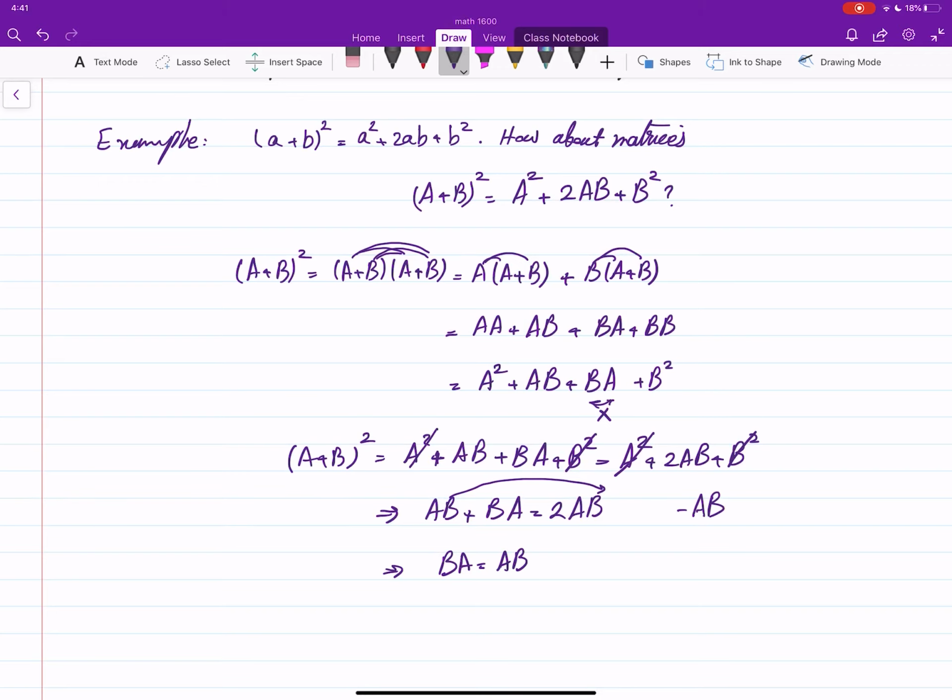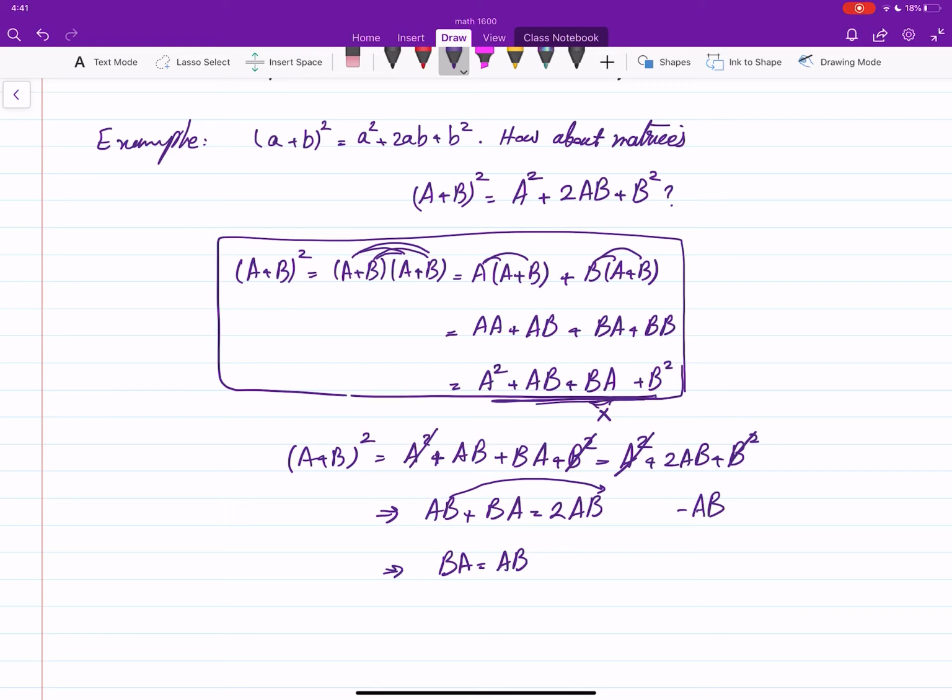What does this mean? Well, first of all, in the general case, this is the best result we can get. But if this is true, that will imply that AB is equal to BA, meaning that A and B commute.